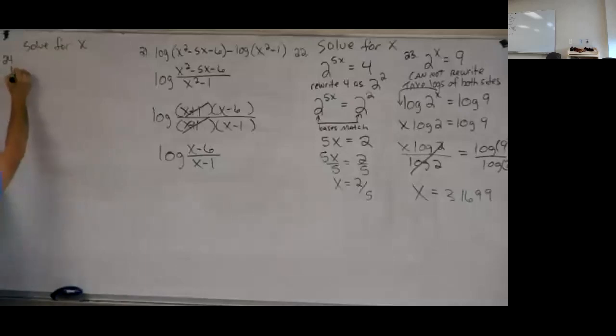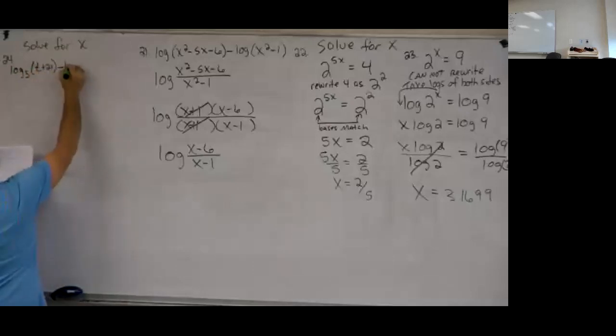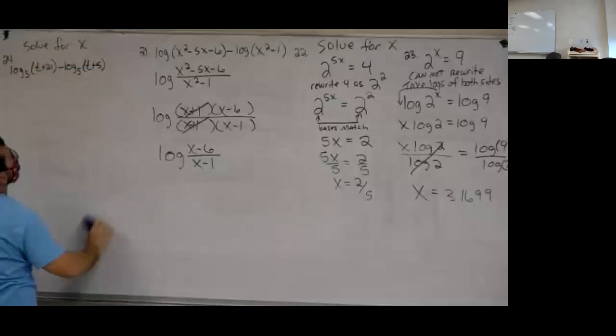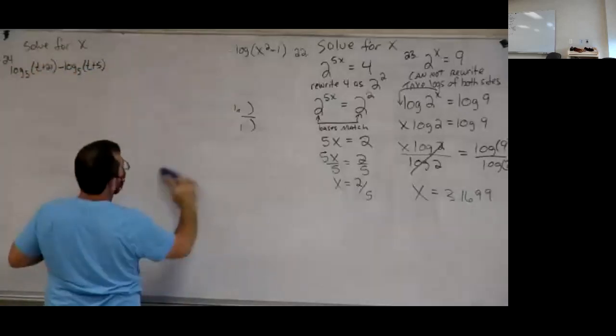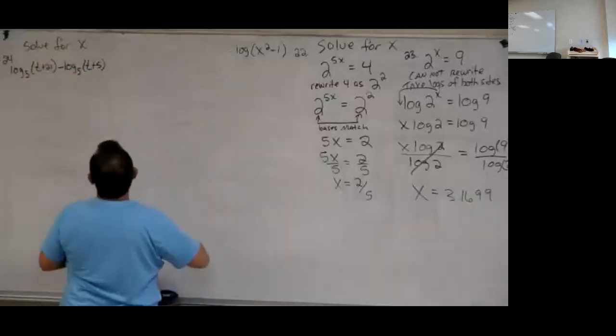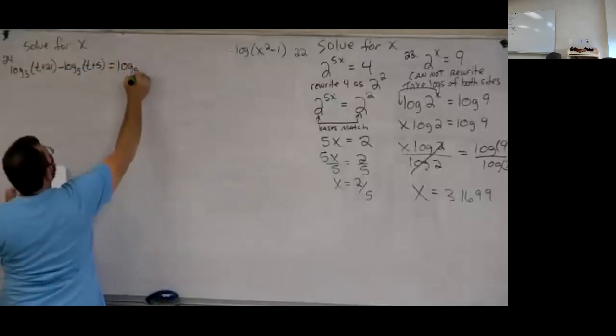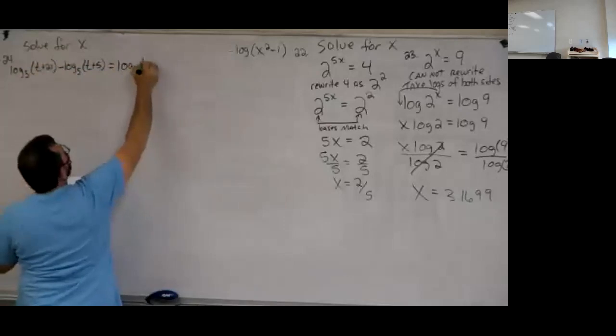I got log base 5 of t plus 21 minus log base 5 of t plus 5 is going to equal the other side, which is log base 5 of t.